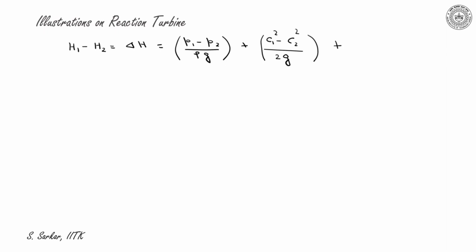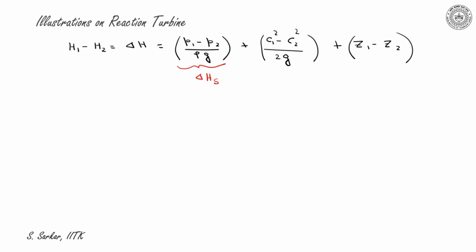Hence, we can write del H, head across the turbine, equal to del H S plus del Z plus C1 square minus C2 square divided by 2G.